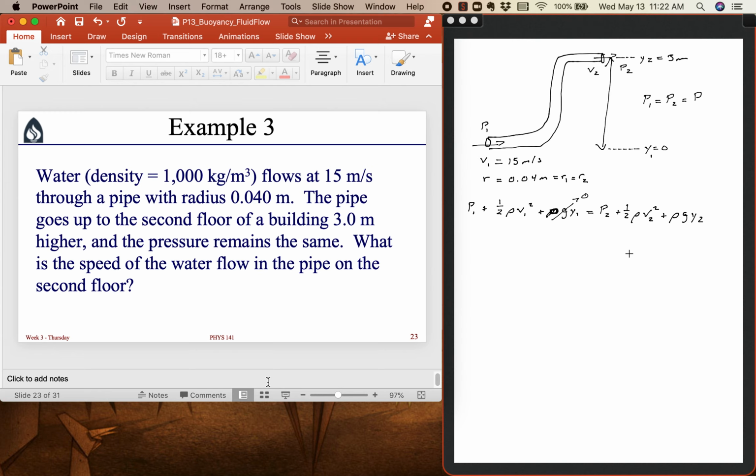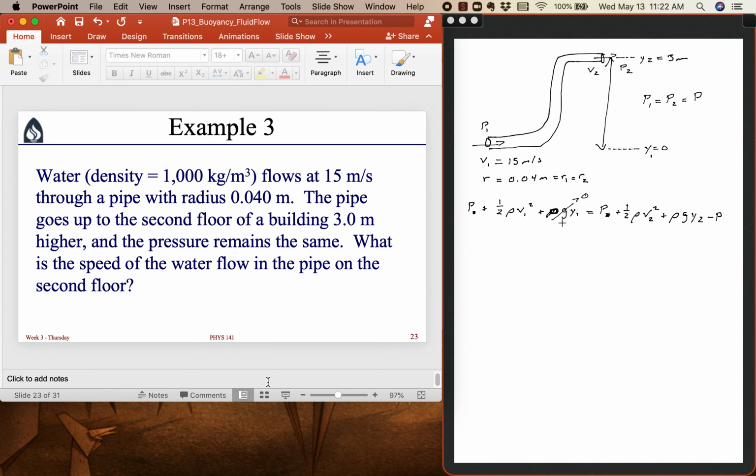And we also know that both P1 and P2, pressure 1 and pressure 2, are equal to the same pressure. So I can actually just scribble out the subscripts here, because both of these are equal to P. So then what I can do next is subtract P from both sides of this equation.